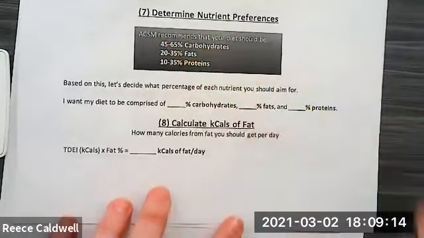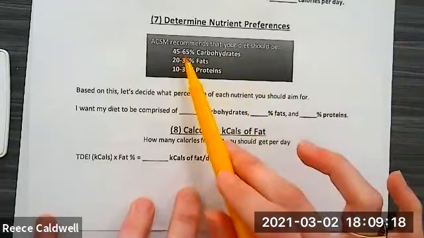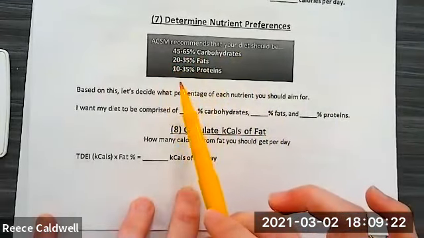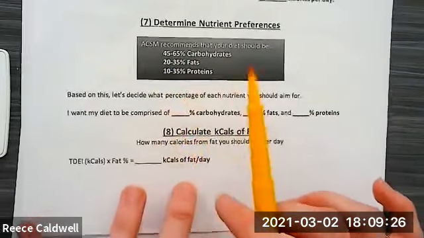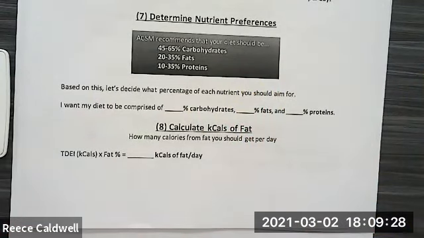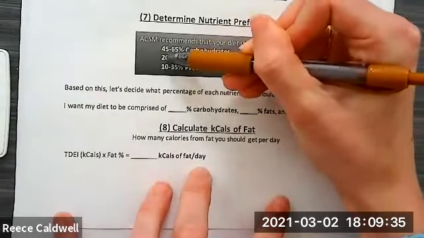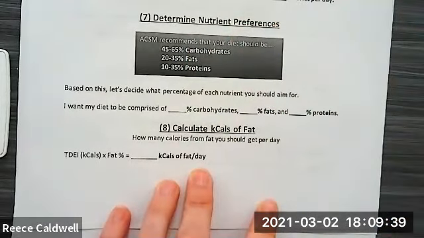We see that ACSM, the American College of Sports Medicine, recommends that your diet should be between 45 to 65% carbohydrates, 20 to 35% fats, and 10 to 35% proteins. Based on this, we can decide what percentages we want to aim for. If you're sedentary or don't exercise much, you would want to go for a lower range on the carbs and fats and a higher range on the proteins.